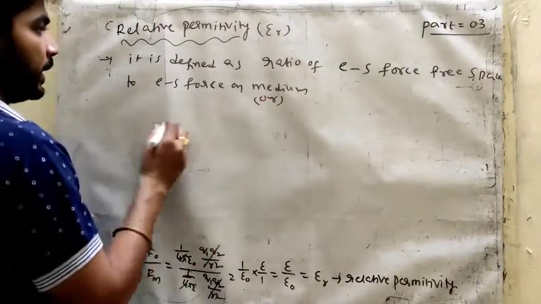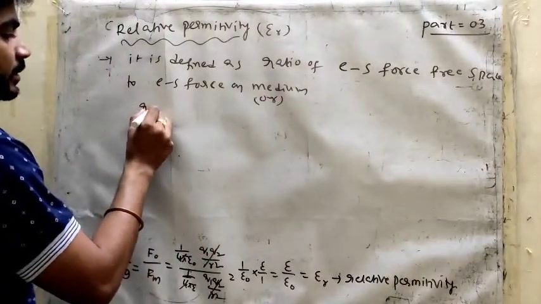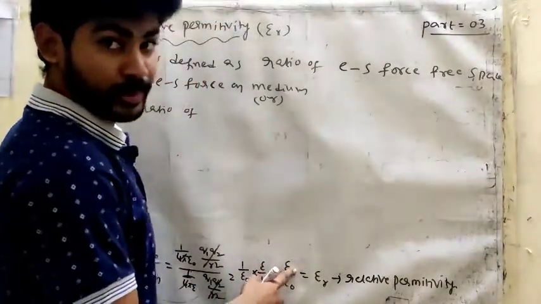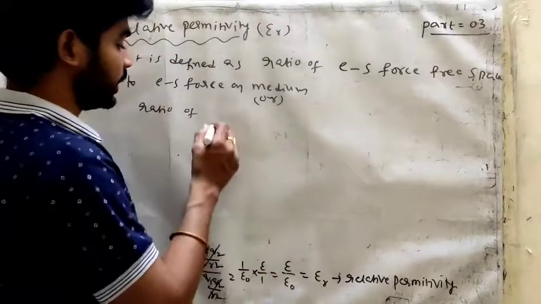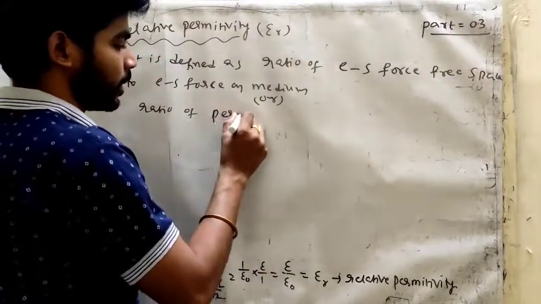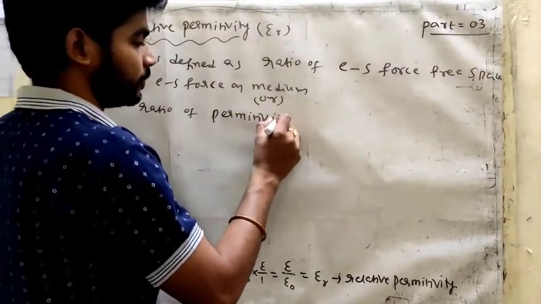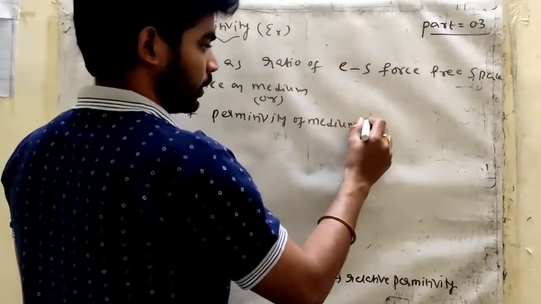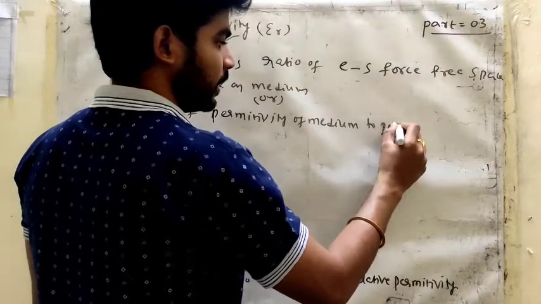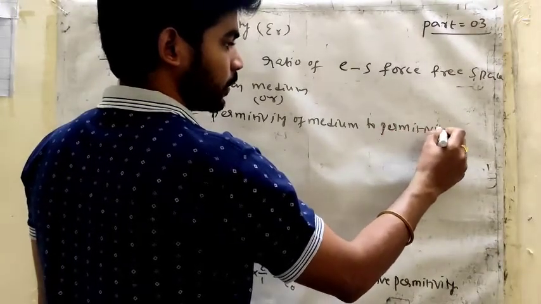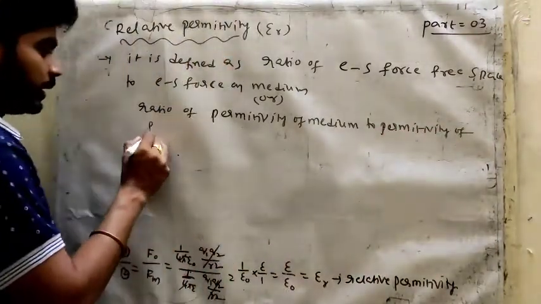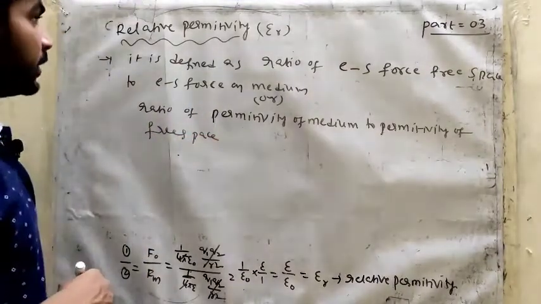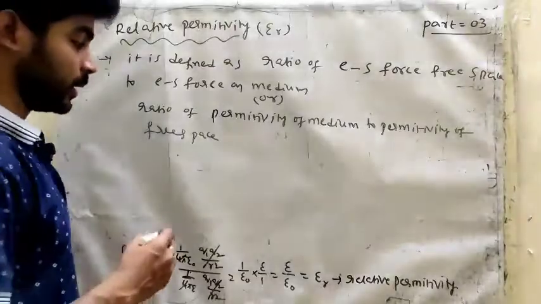It is also defined as the ratio of the permittivity of medium to the permittivity of free space. This is the relative permittivity.